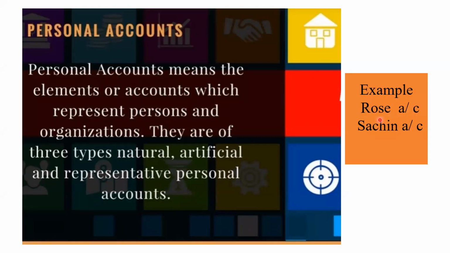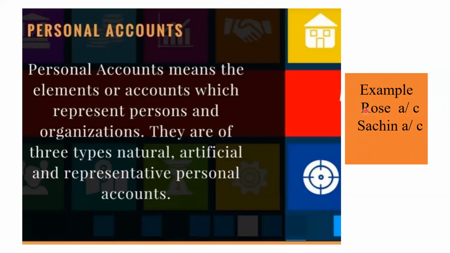Rose account, Sachin account. That means your name. It can be Naushita account, Prashant account, Shailesh account, Jivita account, anything like this. Or Wipro account, Infosys account, Pragati account, TCS account. All these are examples of personal account.